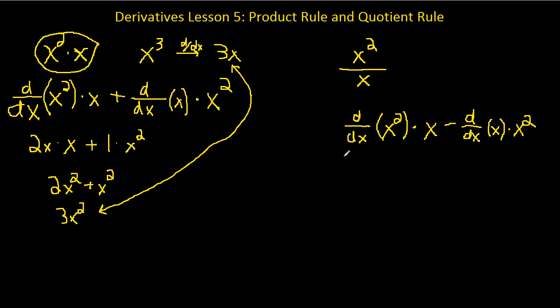That's the numerator. In the denominator, we need to square the bottom term. So in this example, it's just x squared.